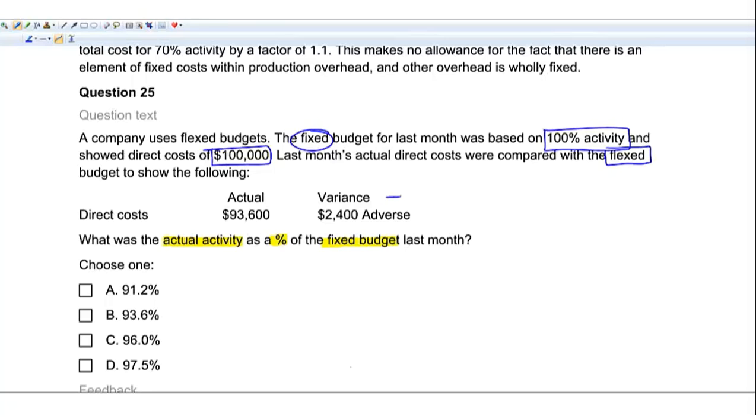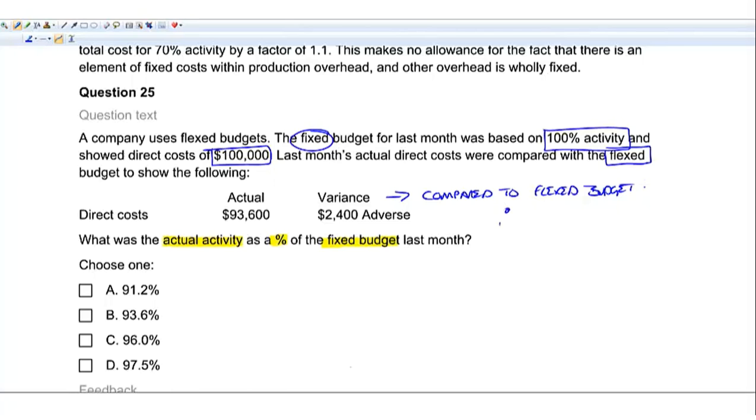Now that adverse variance is compared to the flexed budget. So therefore we can use that information to identify what was the flexed budget for direct costs. So if we had an actual cost of 93,600 and a 2,400 adverse variance, it means our actual costs were greater than our flexed budget by 2,400.